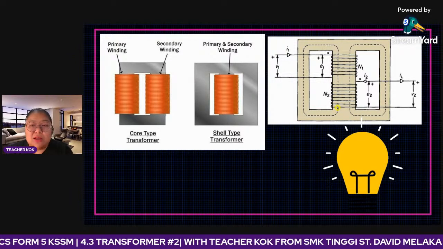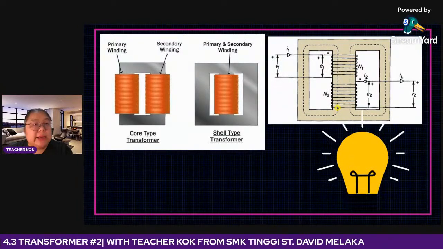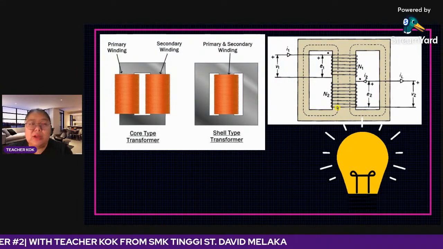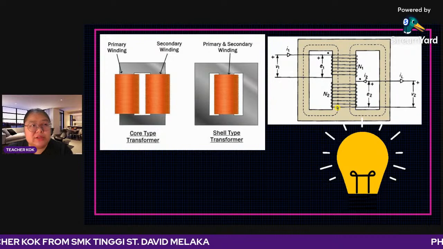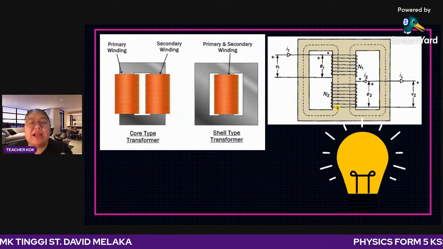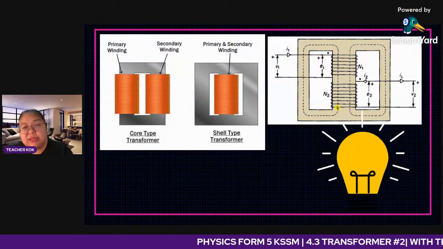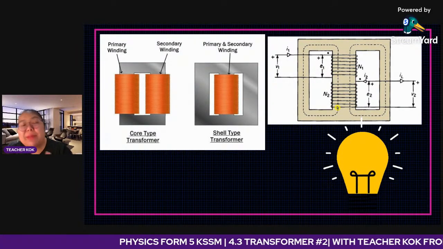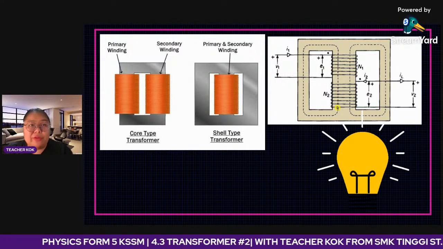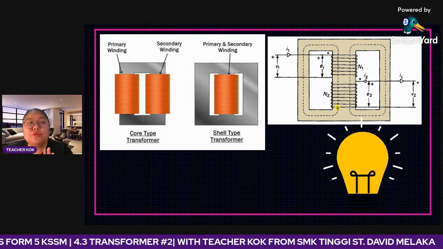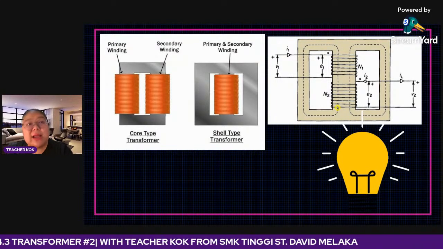So number one is resistance. Number two is eddy current. Number three is hysteresis. Hysteresis means magnetize and demagnetize. So we have four ways the transformer loses energy.